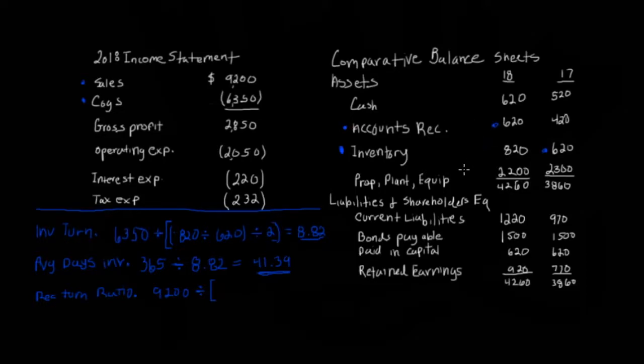Use your $620 in 2018. And then, like last time, you go over to 2017, your previous year, receivables. $420. And then you take that, like last time, divided by 2. And you'll get a product of 17.69.